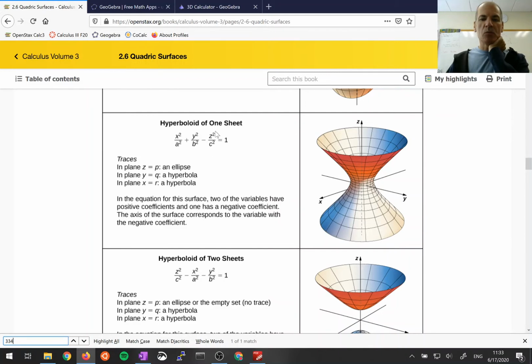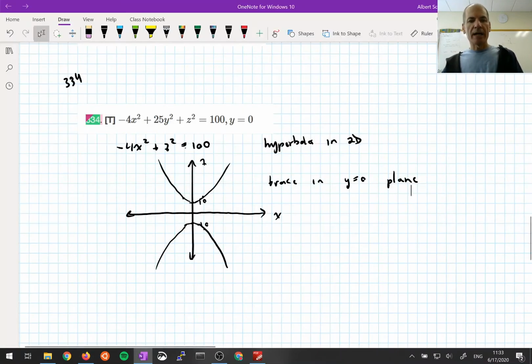We see that whatever square term is negative, that's the axis that it will open along. If we go back here, we see that the negative term is on x squared. So we would expect this thing to open along the x-axis. And you can see that here.